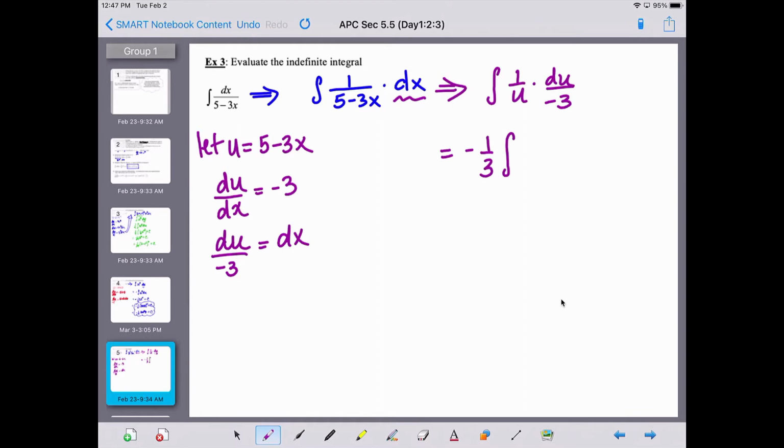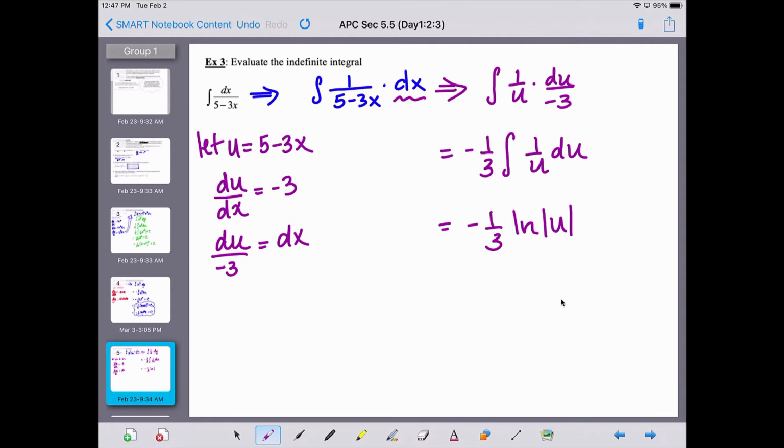And now I just have negative 1/3 times the integral of 1 over u du. And so now I just have to integrate that. Well, hopefully you recognize 1 over u. The integral of that would be natural log of u because the derivative of natural log is 1 over the stuff, right? So this is going to be equal to negative 1/3 times the natural log.